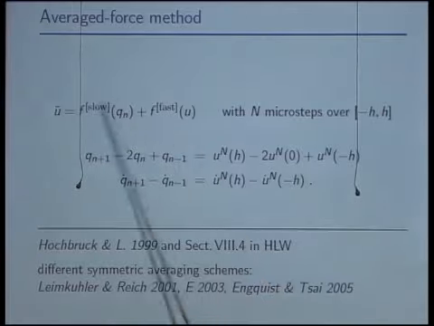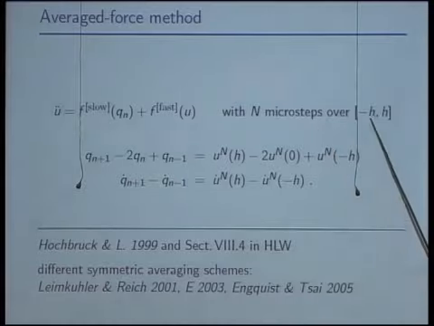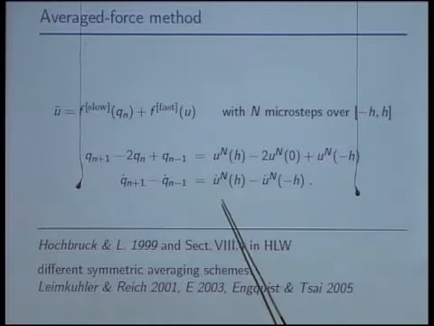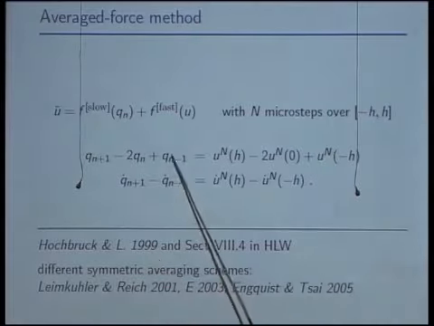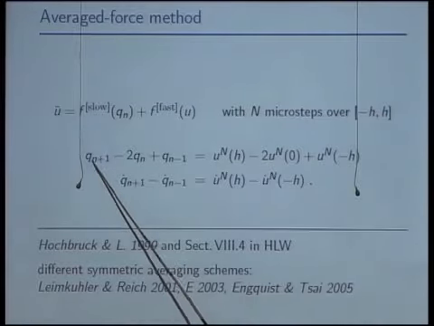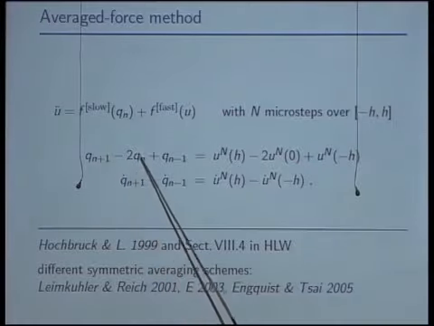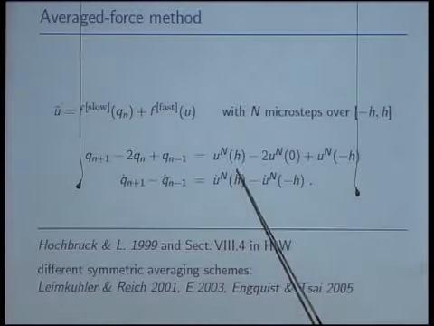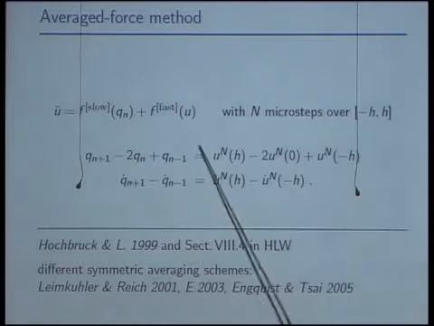And of course, I cannot solve this exactly, but I solve this with n micro steps over the interval from minus h to h. And I use the formula that I had obtained previously. So to advance my numerical solution to get the qn plus 1 from the old values qn and qn minus 1, I use this difference quotient. And on the right-hand side, I just take the numerical solution obtained from solving this equation.